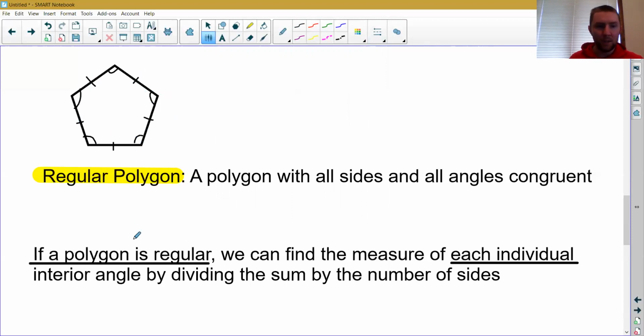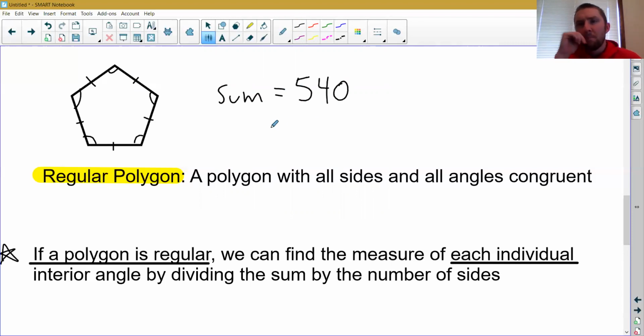And if a polygon is regular, looking down here now, we can find the measure of each individual interior angle because they're all supposed to be the same, right? So remember that the sum total of these 5 angles, the sum from up above, I believe was 540 degrees. But each one is supposed to be equal, because it's a regular polygon, so all the angles are the same.